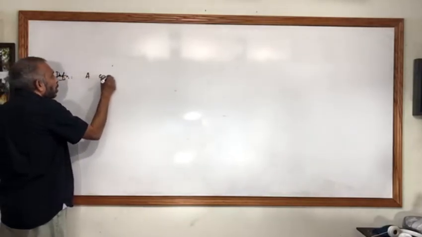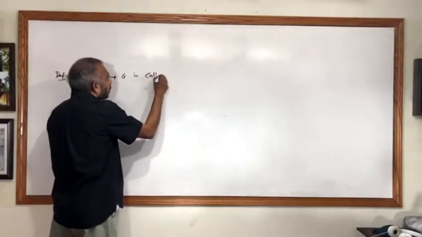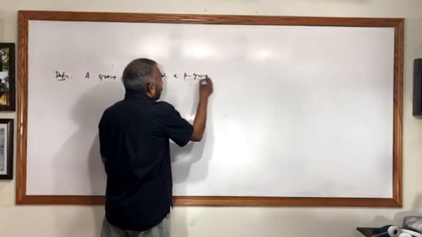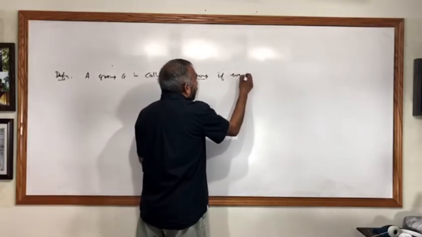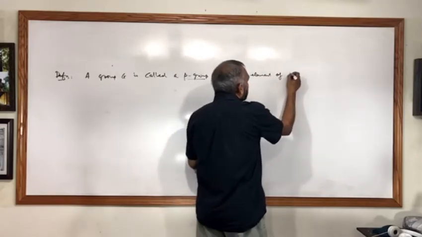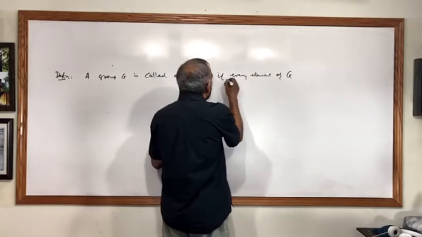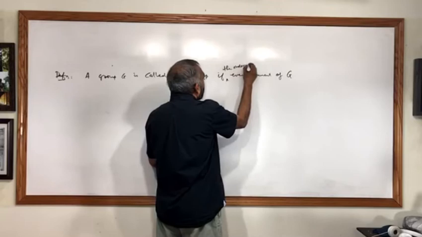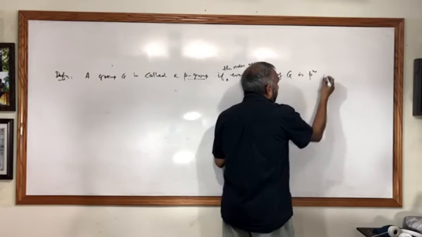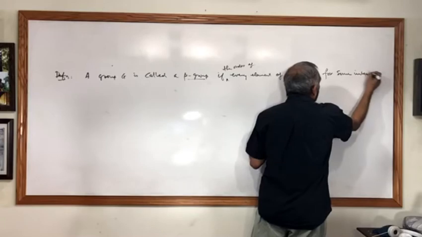A group G is called a P group if the order of every element of G is p to the power of n for some integer n.